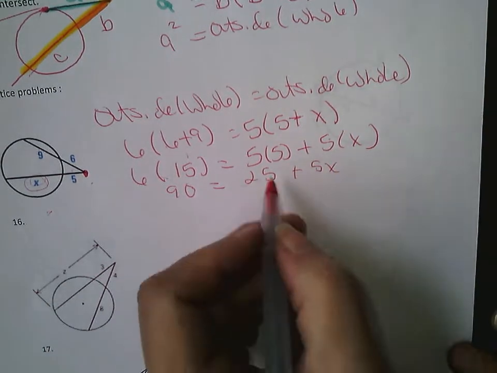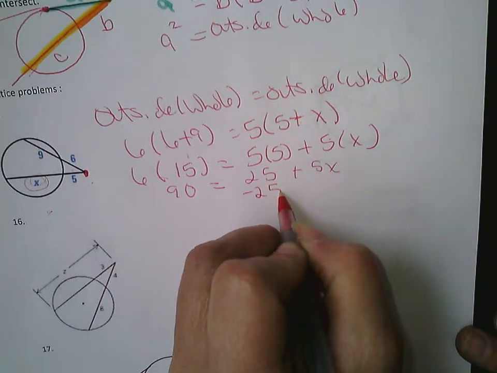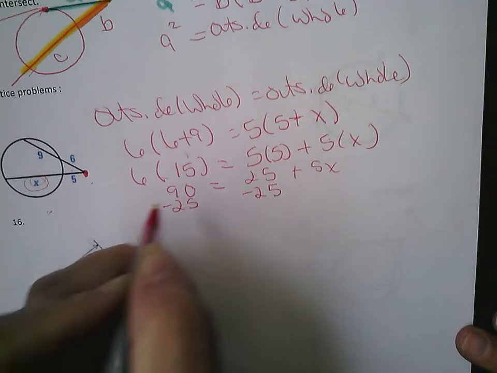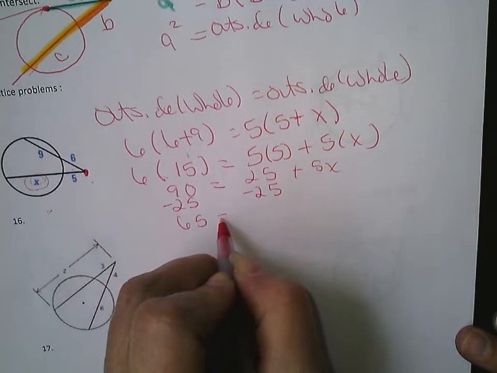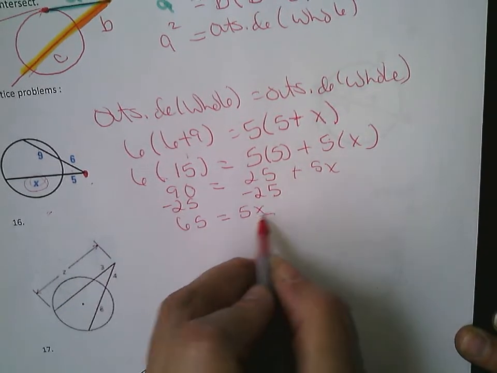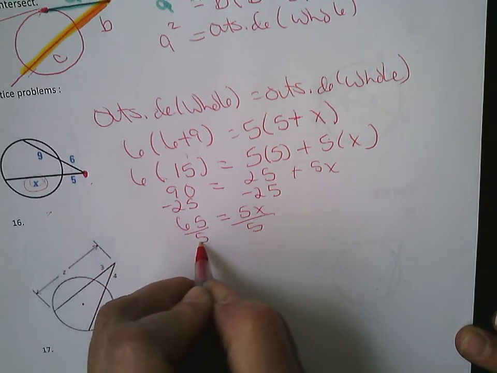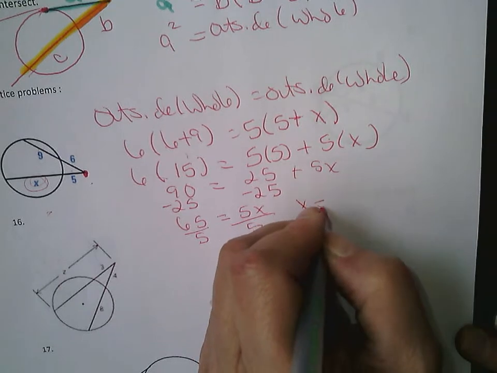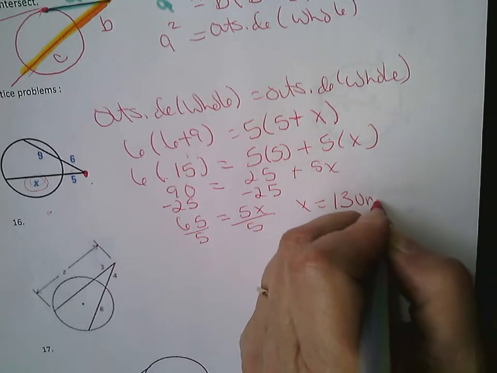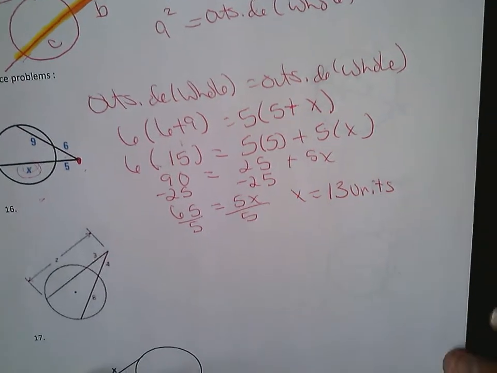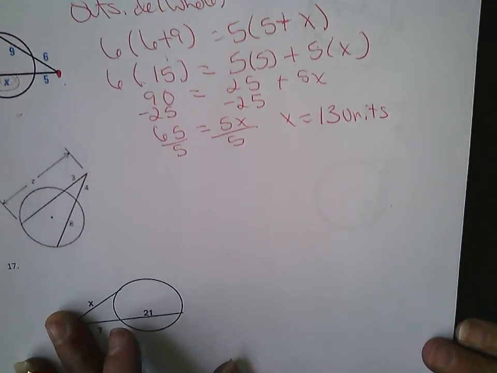And now we can see our problem. It's our normal problems that we're looking at for algebra. 65 equals 5x. Divide both sides by 5. And x equals 13 units. Not degrees, units.